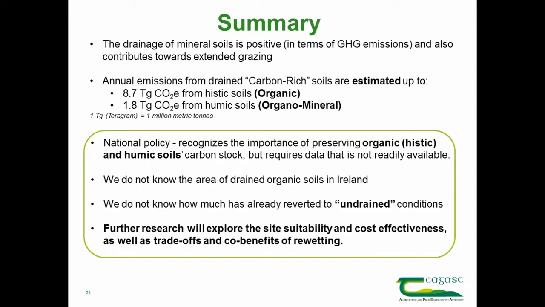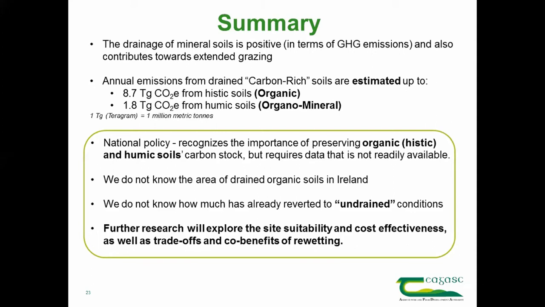Lower down then, as we move down along the slide, national policy, obviously the reason we're discussing this: there is a recognition of the importance of preserving the carbon stock in the organic and humic soils, but there is, I suppose, a need for various different policies and procedures to make this a reality in terms of how these are managed or maintained going forward.